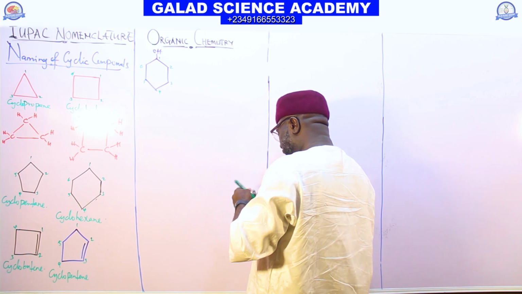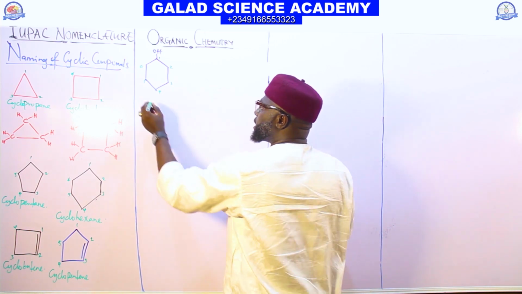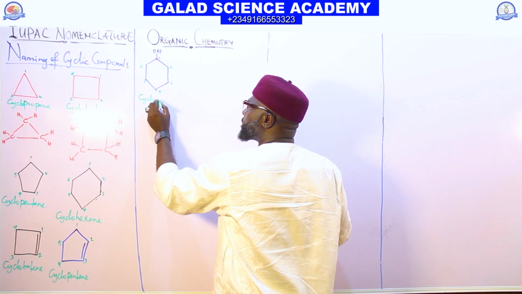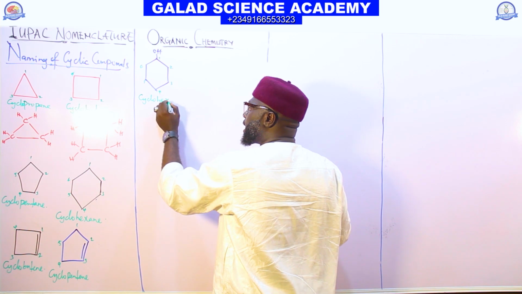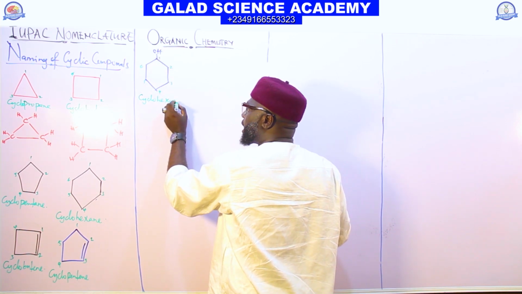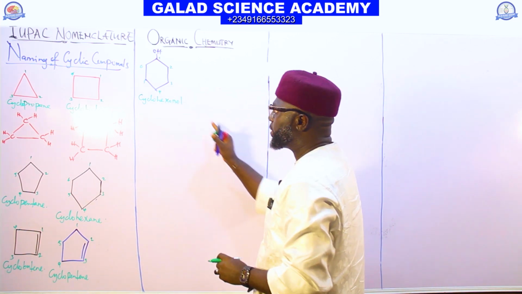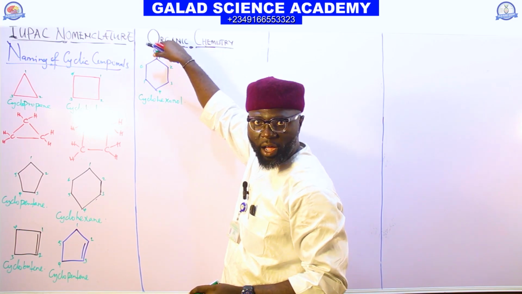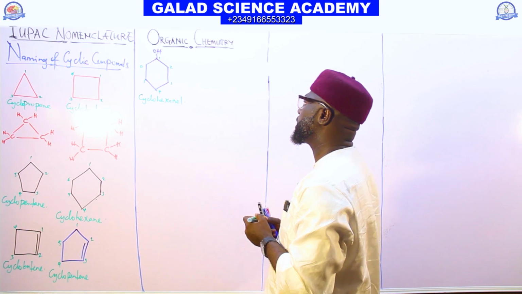So that 6 tells us that the structure here is cyclohexane. The OH here is ol, because the functional group is an alcohol group. You call it cyclohexanol.